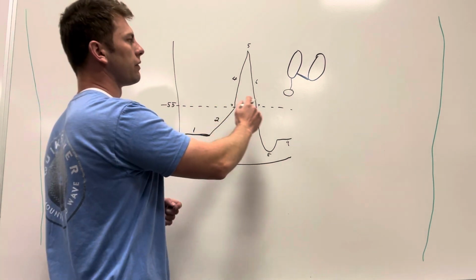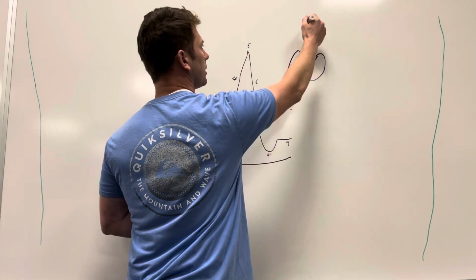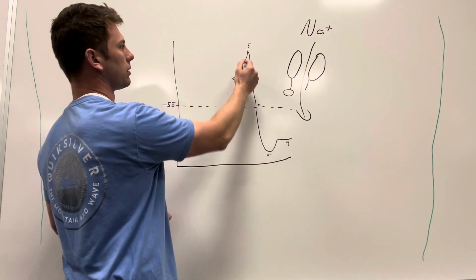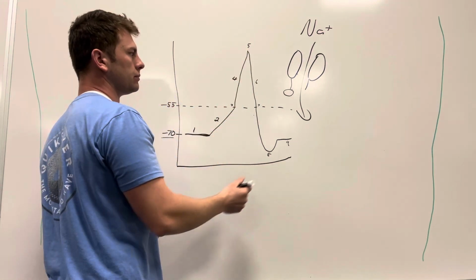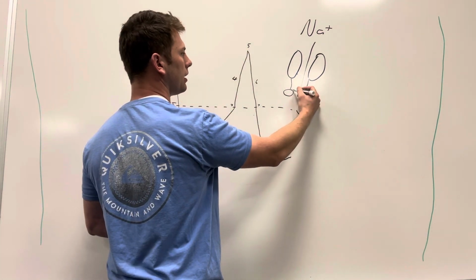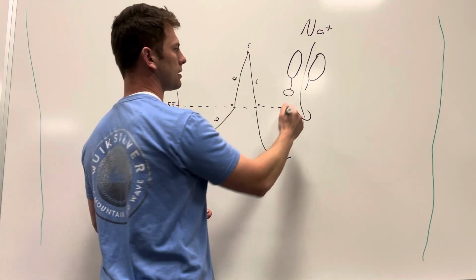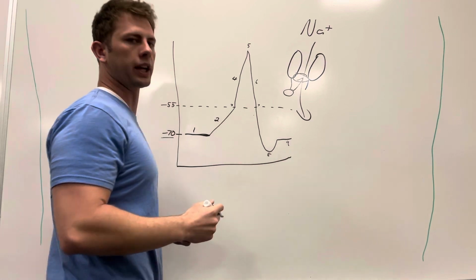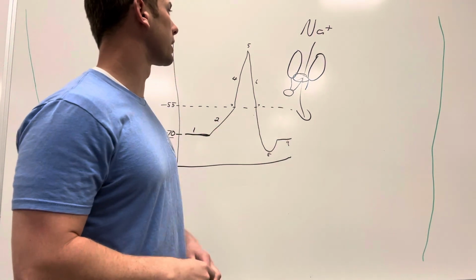And so when you reach -55, this gate opens, and sodium comes rushing in. And that's right here at 4. At 5, this peak, this inactivation gate, right after it depolarizes, shoots up and blocks the channel. And so the gates are still open, but they're deactivated by this ball mechanism.